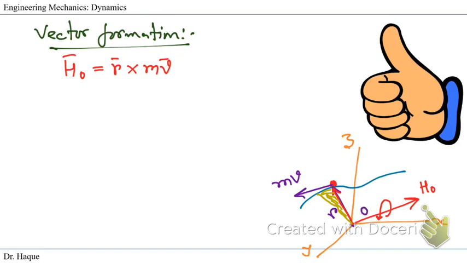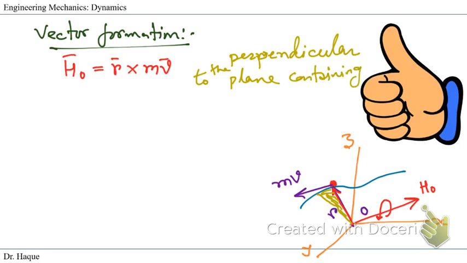So just to clarify, the direction of the angular momentum is perpendicular to the plane containing r and mv.